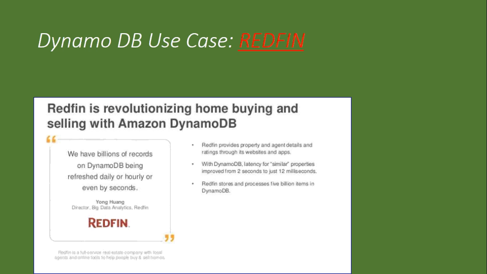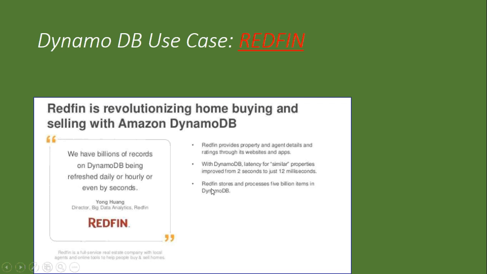Before using DynamoDB, queries were taking a long time to respond to user queries. But when they shifted their database to DynamoDB, the latency they earlier had of around 2 seconds was reduced to just 12 milliseconds.